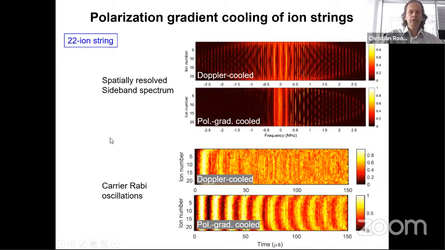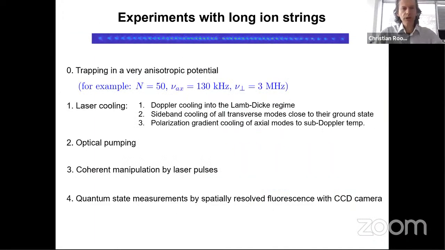Then you can see that there's a dispersion of coupling strengths when you couple the laser and the ion, and therefore Rabi oscillations that you can drive on the ions quickly damp out if you average over many different experimental realizations, where the vibrational mode numbers might be different from experiment to experiment. As soon as you have polarization gradient cooling, you see that in the lower plot these oscillations persist for a long period of time. Yeah, I think that's all I wanted to say about laser cooling.